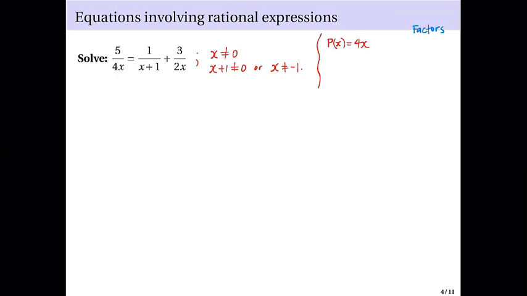The factors for p of x are 2 with multiplicity 2, remember that, because you have 4, which is 2 times 2, or 2 squared. That's the power of 2 to get this 4.